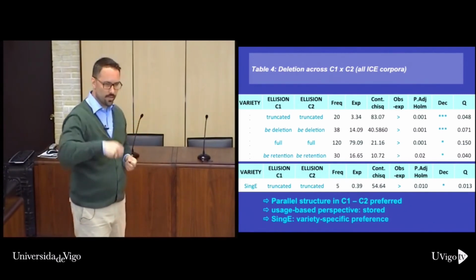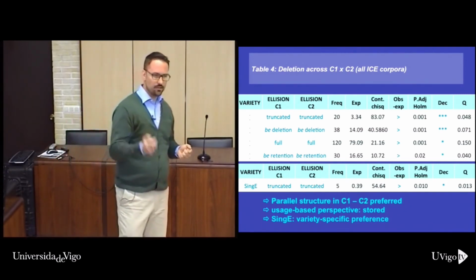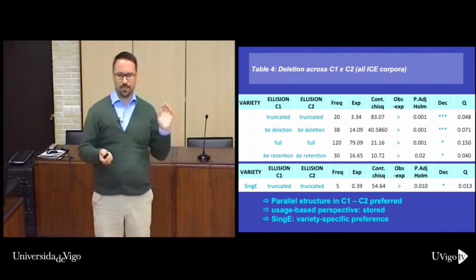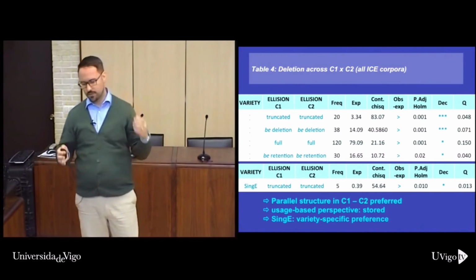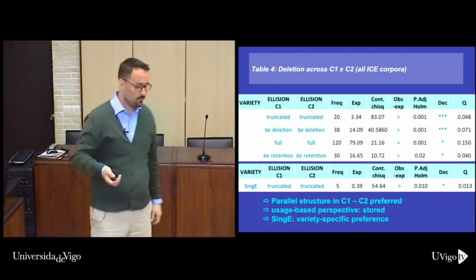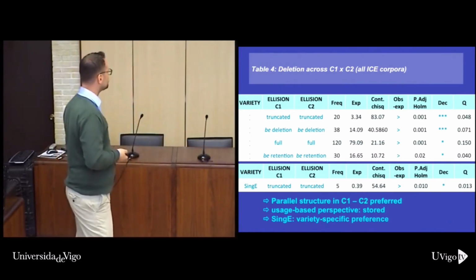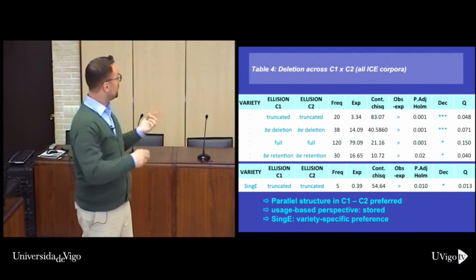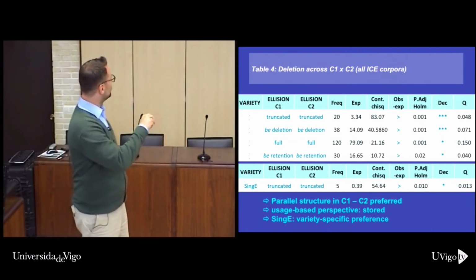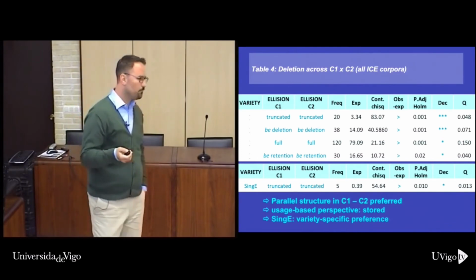So for all of the Englishes, if you group them together, you get the same kind of pattern. Deletion in the first, deletion in the second, full clause in the first, full in the second. So you get templates which basically have this in parallel. The reason why many of the varieties might have it is something that you see already going on with Middle English data.